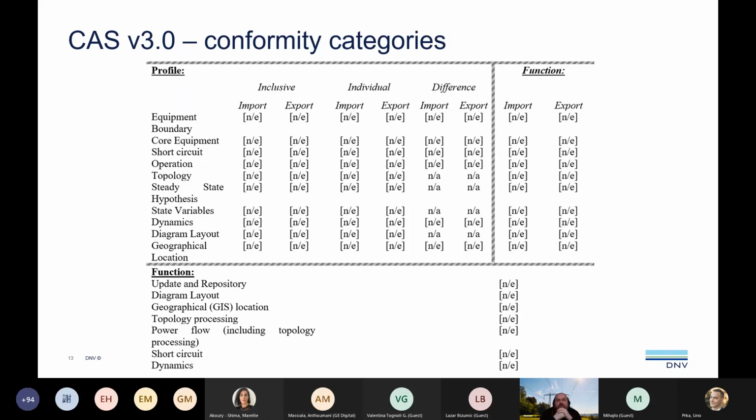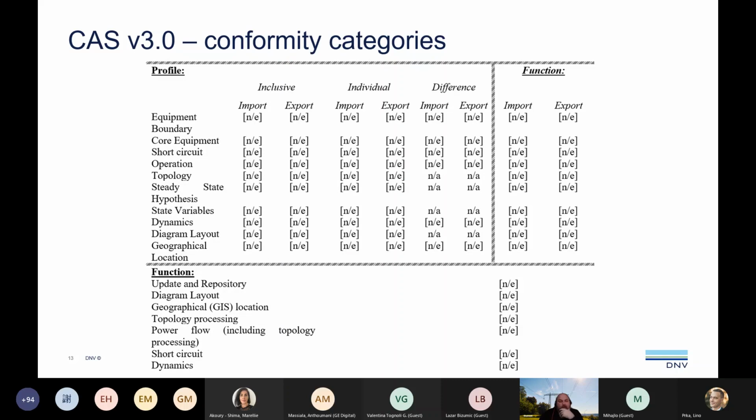And the difference means that it's dealing with the exchange of difference files. And in the format here, everything is not assessed. So that means that anything that is possible, you can state yes or no, or you can state that it hasn't been assessed. The NA means that it's not available or not applicable for assessment.